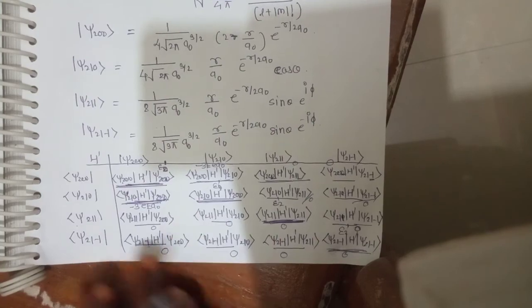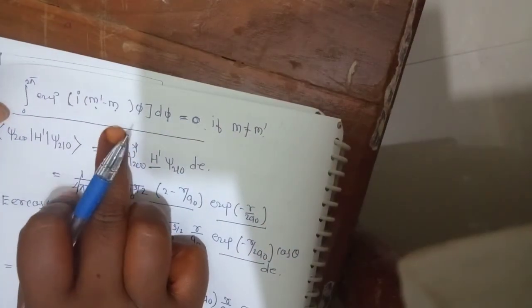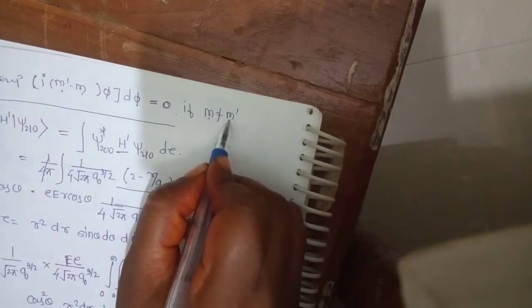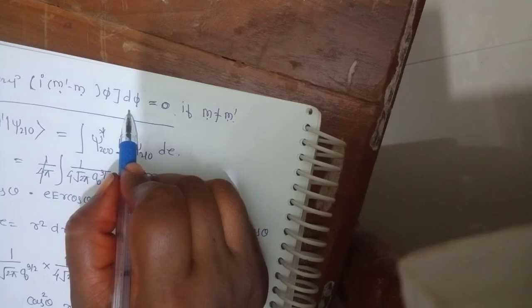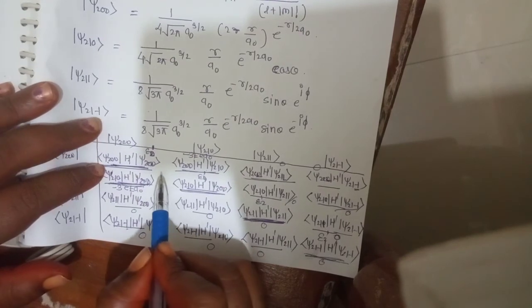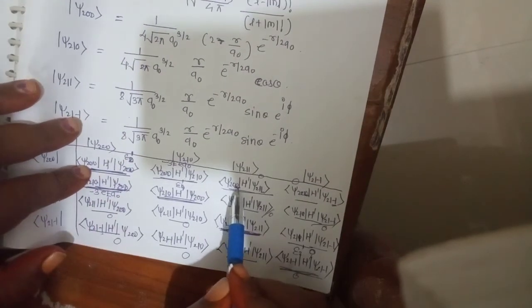After that we define one formula here. What that formula says: if m and m dash are not equal, then the integral value becomes 0. So look at here, we write psi nlm, taking m dash and m.